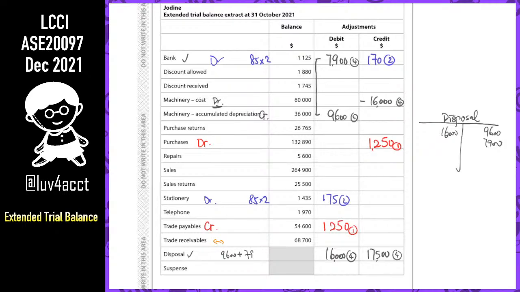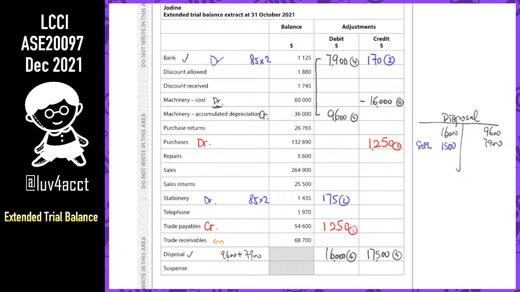9,600, 7,900. For me, it is also correct to put only the balancing item. That means if you have these ledger accounts, you will have 1,500 here as the balancing item, disposal gain, put into SOPL, disposal gain here.